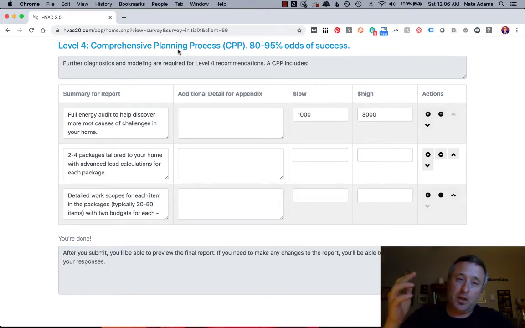So the comprehensive planning process is truly creating a treatment plan for the entire house. Probably not many people are going to say yes to this, but you want to be able to offer it, and we are there for you to help you do this because it's not that scary. It sounds scary initially digging into the building shell side.